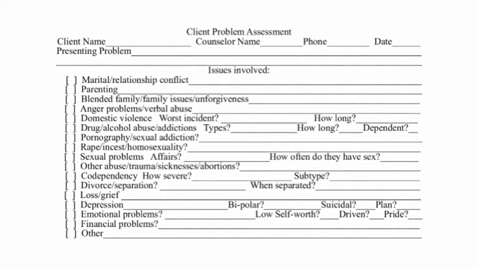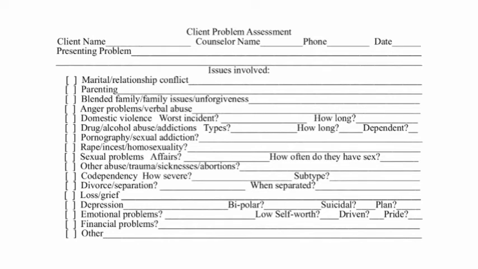Drug or alcohol abuse, pornography, sexual addiction, rape, incest, homosexuality, other sexual problems, affairs. How often do they have sex? I'm giving you an idea. What's the bell curve there? The mean is 2.5 days. If it's outside of one week, you probably have a problem.